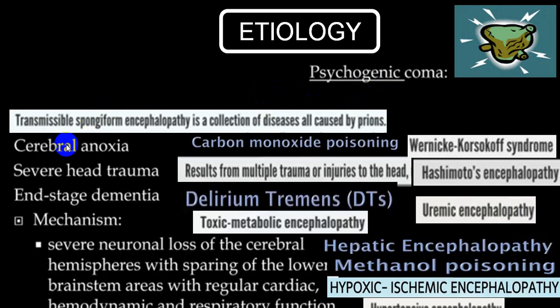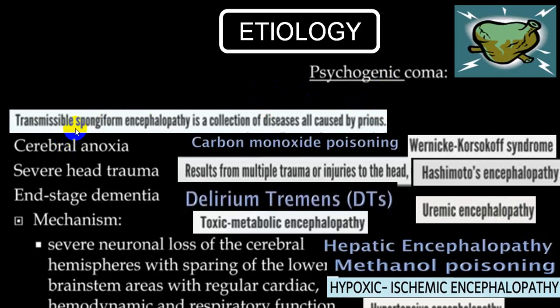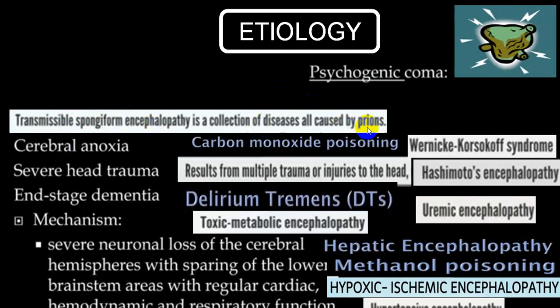Apart from all those, we can put them into certain other groups like transmissible spongiform encephalopathy, which is a genetic disorder caused by prions.